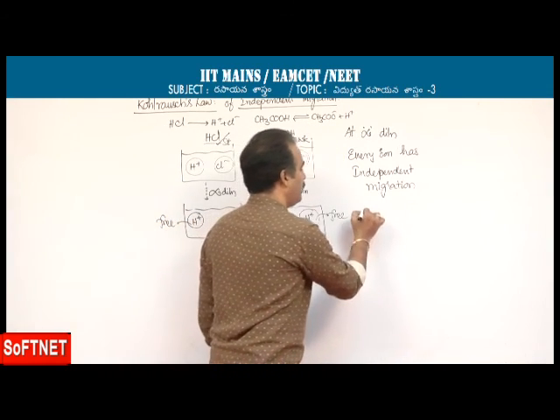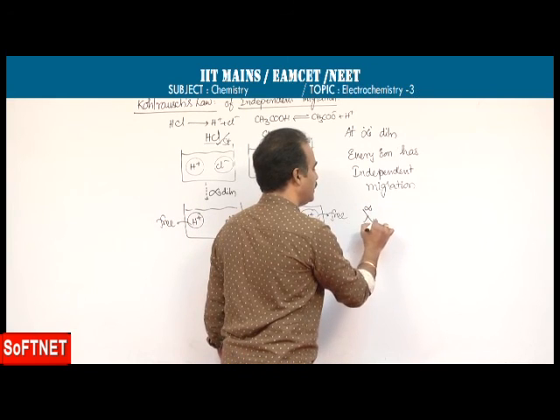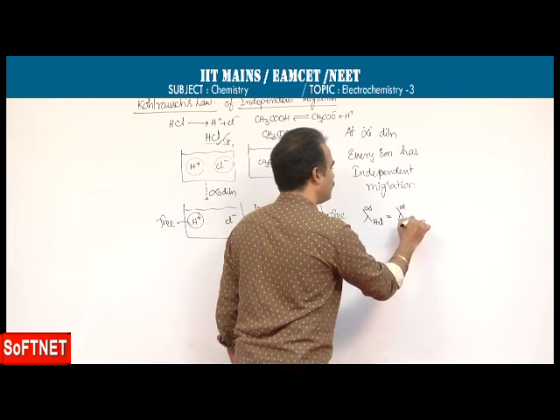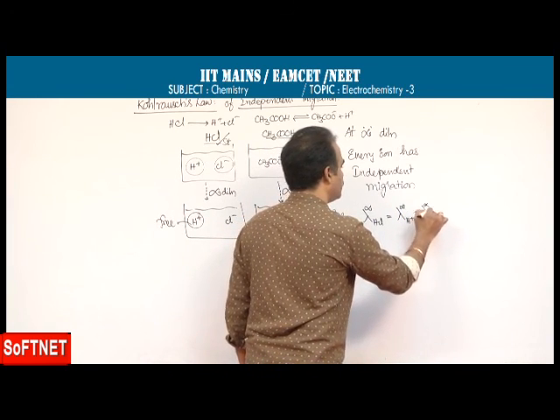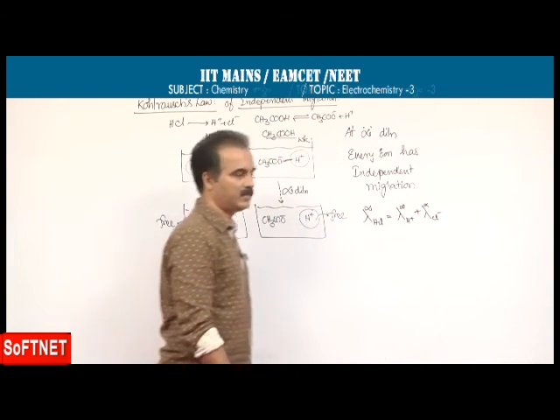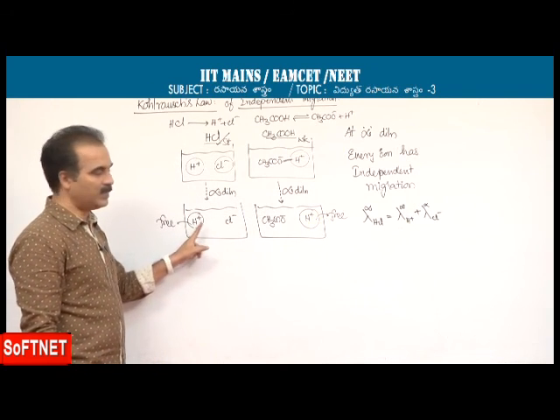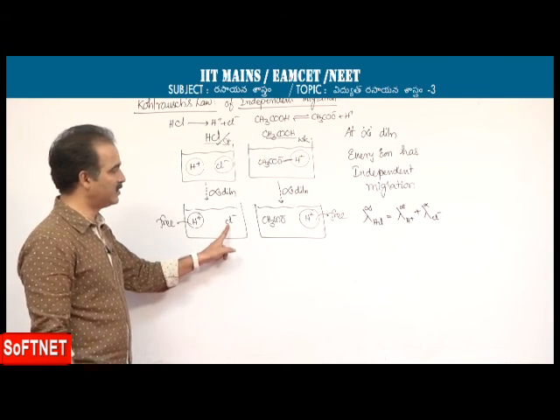So, lambda infinity of HCl is nothing but the conductance at infinite dilution of H plus and the conductance at infinite dilution of Cl minus. The total conductance of this solution is lambda infinity of H plus plus lambda infinity of Cl minus.